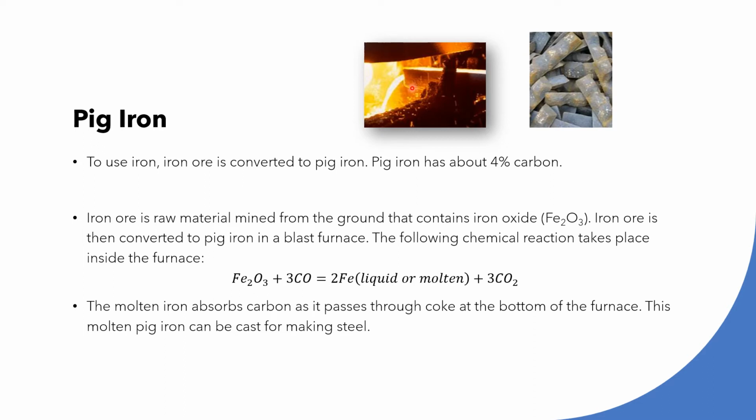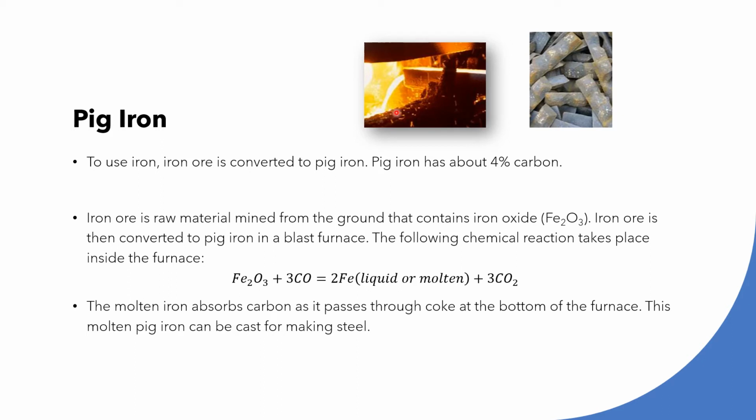It's so hot, very, very high temperature. So what happens is this molten iron is going to trap the carbon. The carbon is going to pass through coke at the bottom of your furnace.